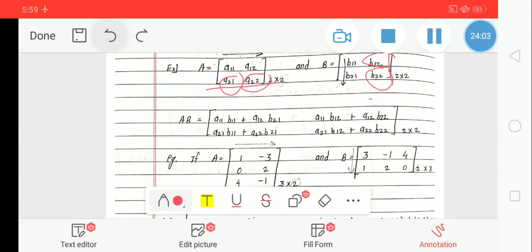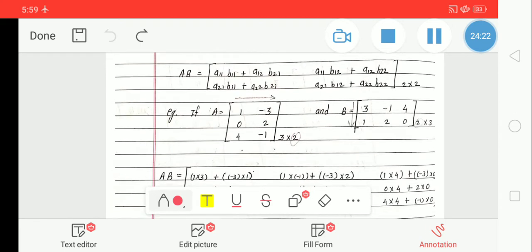So we can solve this, giving a 2 cross 2 matrix. This we can solve, so we get one element, this also gives one element, and this also gives one element. So this is a 2 cross 2 matrix.